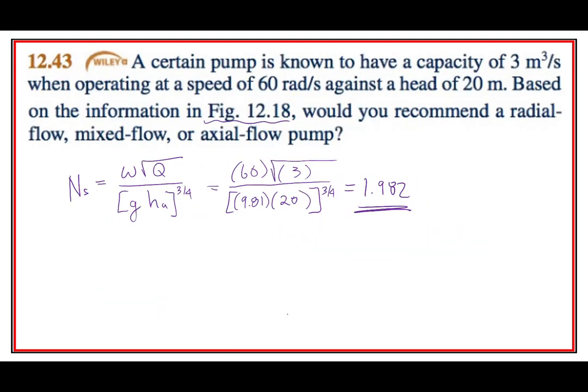So looking through a pump manufacturer, we would go mixed flow. It's not exciting, but it gives you an idea that we can find some parameter to use to make a design decision, which is pretty common.